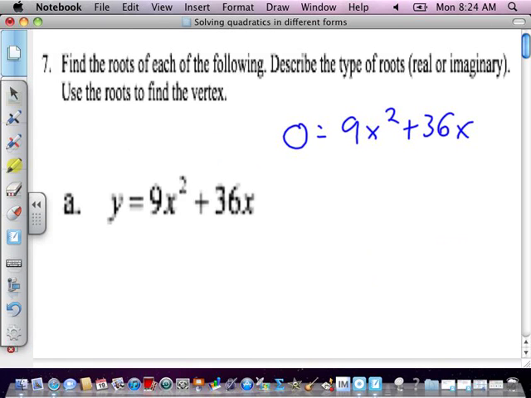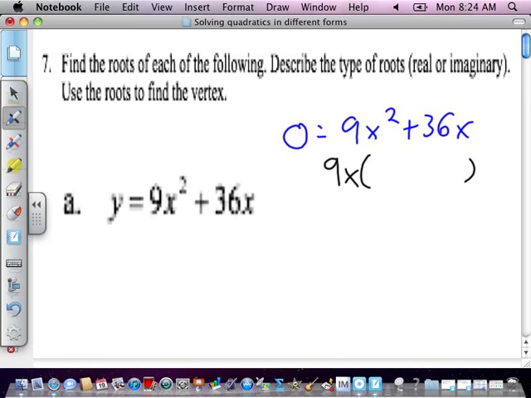So let's look at this carefully. What do these two terms have in common? There are two things. They have an x in common, so we know we can pull an x out. What else could I pull out? What does 9 and 36 have in common? Is 36 a multiple of 9? Yep. So I could pull out a 9, right?